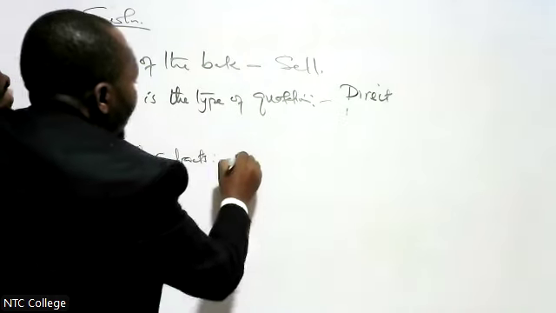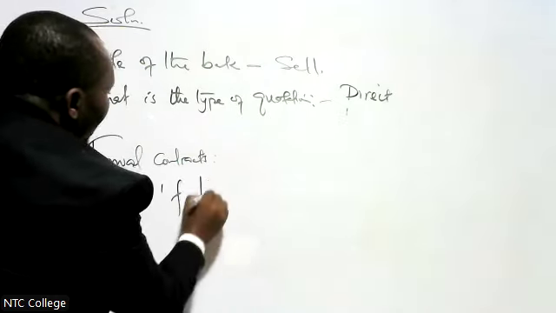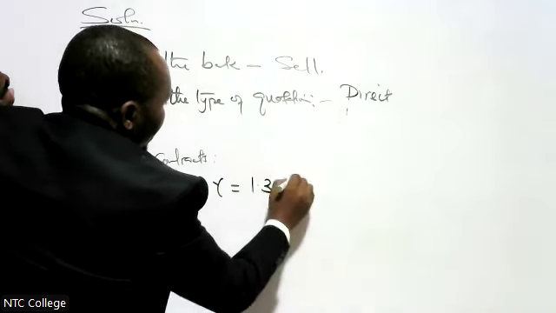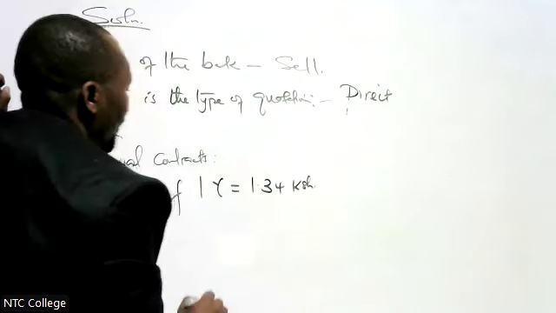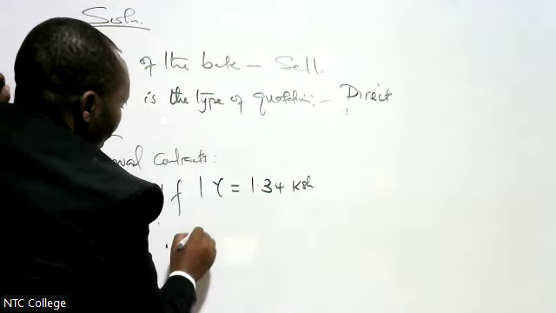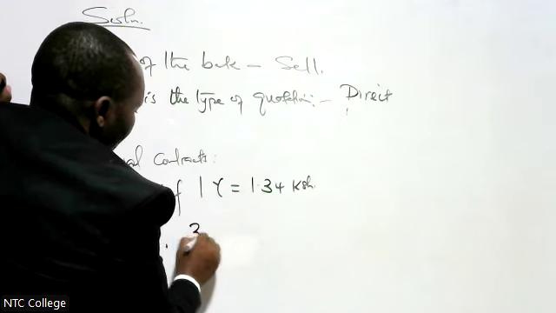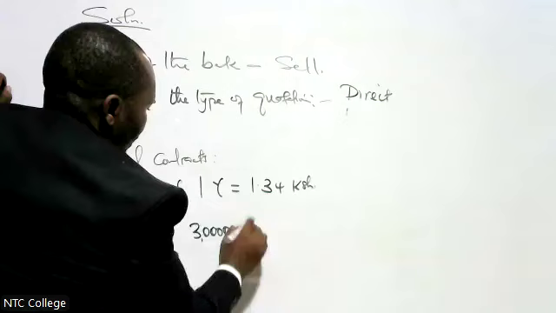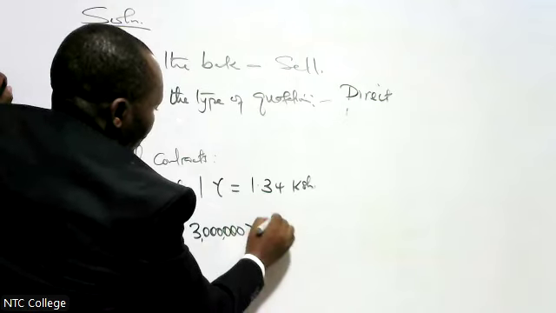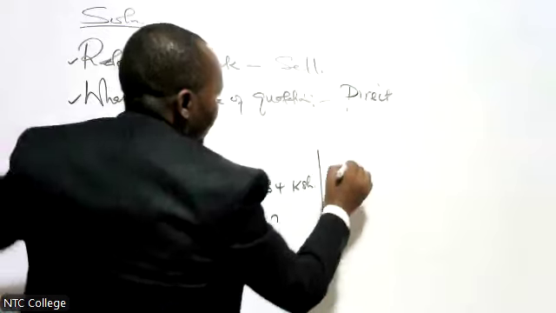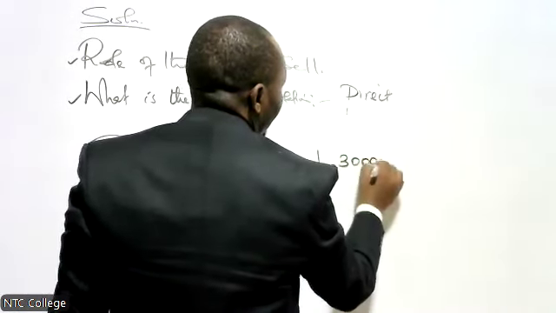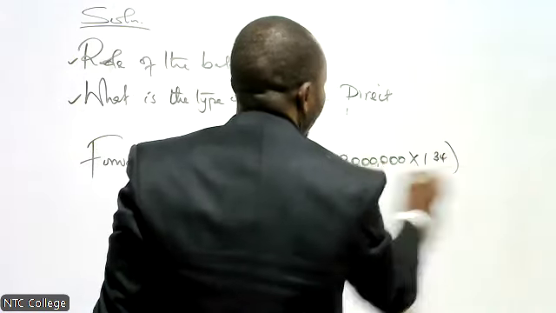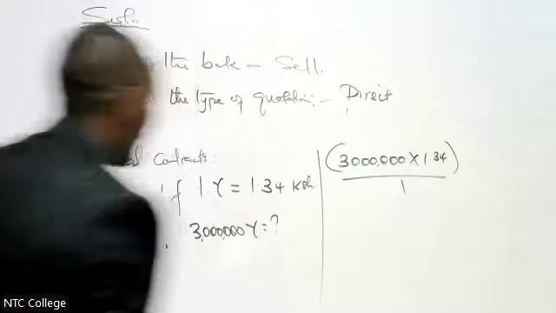You say that if 1 yen is equal to 1.34 Kenyan shillings in 3 months time, how many Kenyan shillings do you require to get 3,000 yen? So you have 3,000 times 1.34 all over 1.